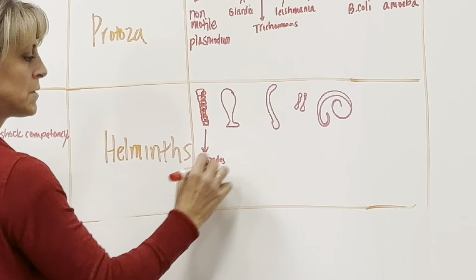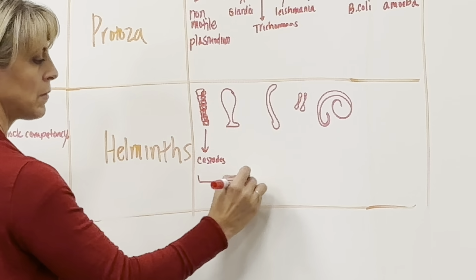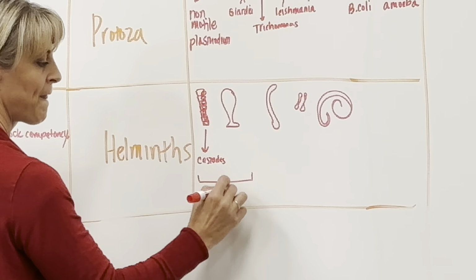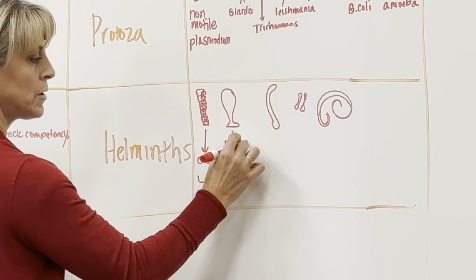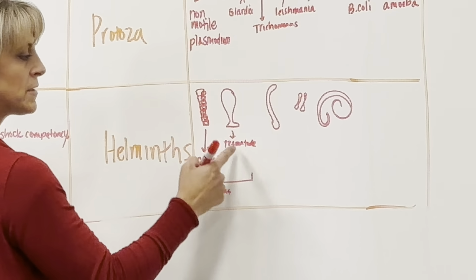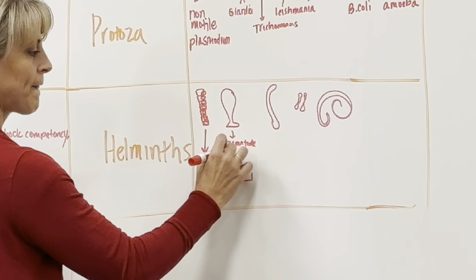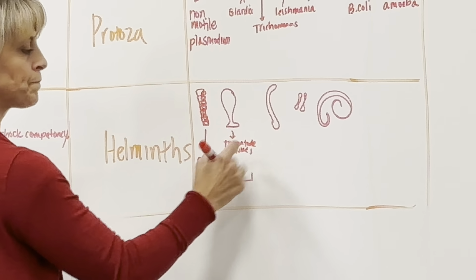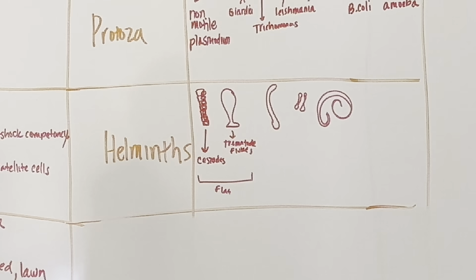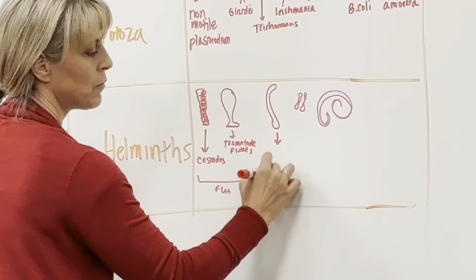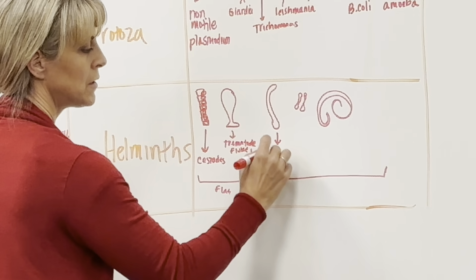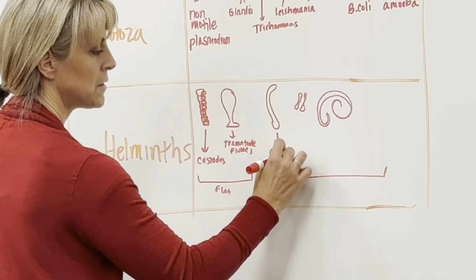Cestodes. These are both flat. And this is a trematode that has a snail vector. These are like flukes, like leeches. This is a roundworm. These are all roundworms. This one's called Ascaris.